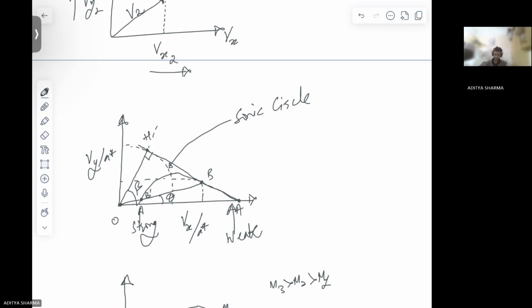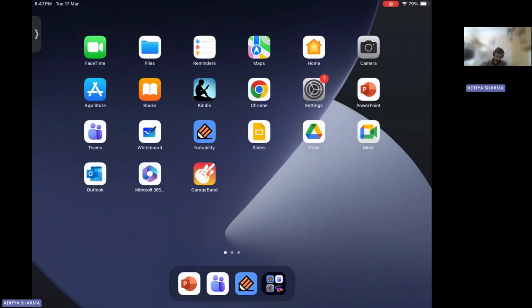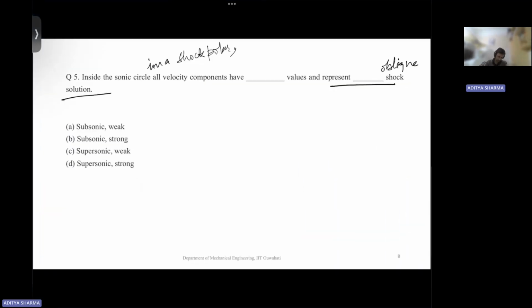Then inside, you have strong solutions. So B and D options are there. But if you have a strong solution, then your velocities will be subsonic. So in that case, the correct answer comes out to be B.